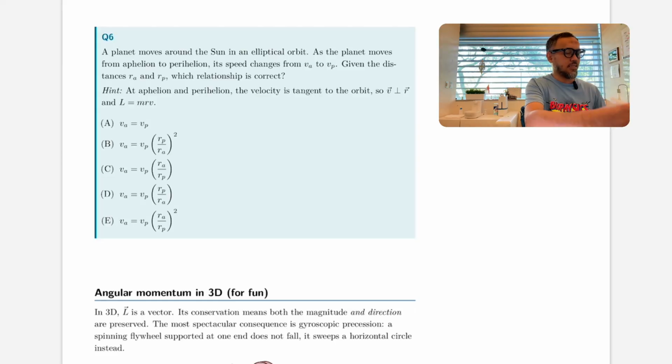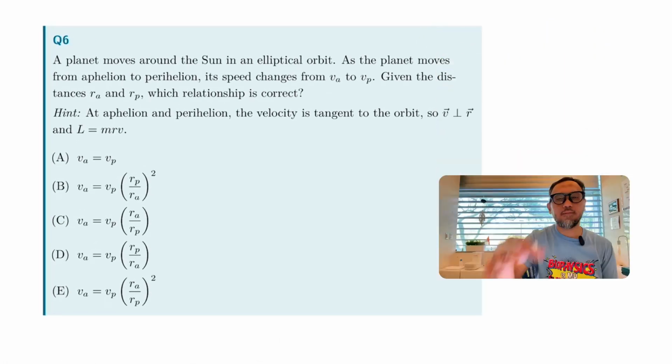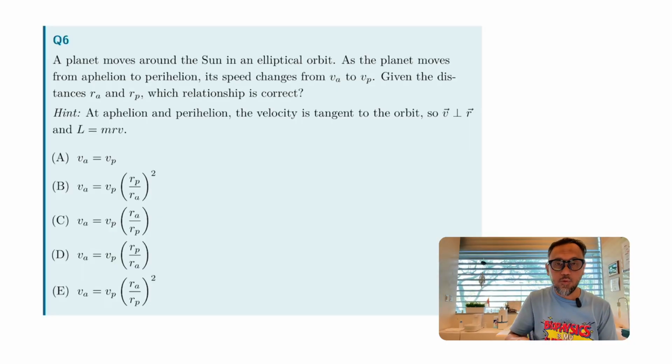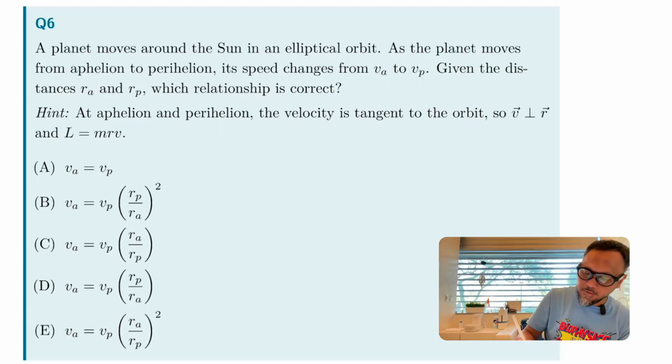Next, we have this question here. As the planet moves around the sun in an elliptical orbit, from aphelion to perihelion, its speed changes from VA to VP. Given the distances RA and RP, which relationship is correct? First, again using Kepler's second law, we know that L is constant.